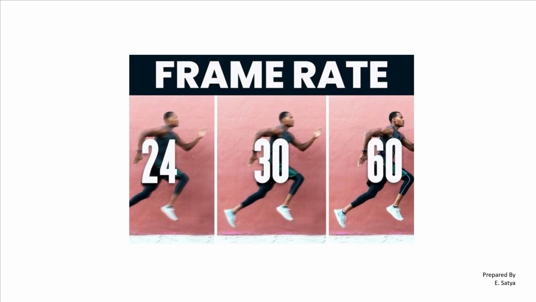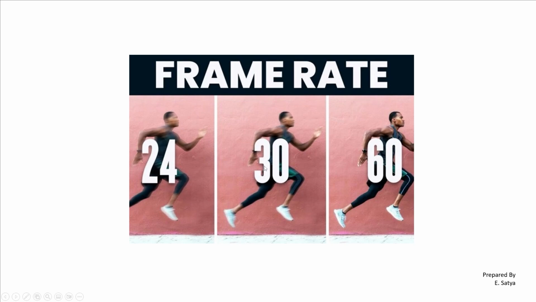See here, different frame rates show the difference in picture quality. Here it is 24 frames per second. Generally for movies and animation, we mostly use 24 frames per second. Suppose the scene is an athlete running, recorded in 24 frames.